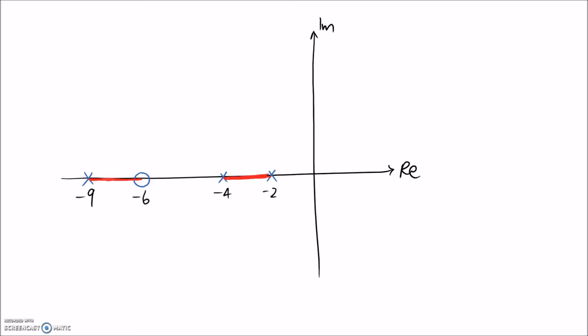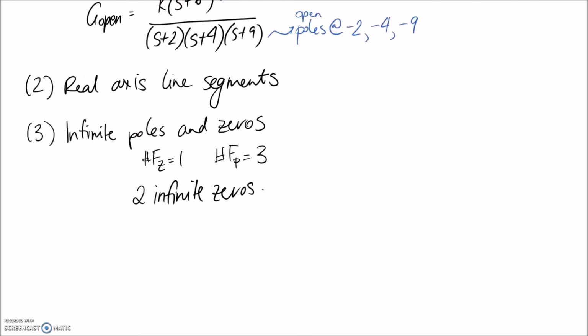So we need to introduce these two infinite zeros so that these poles are connected to the infinite zeros rather than to each other. When we get a bit further and look at the breakaway points, we know that we're going to have a breakaway in this area such that we end up joining the poles to zeros. So let's mark that in.